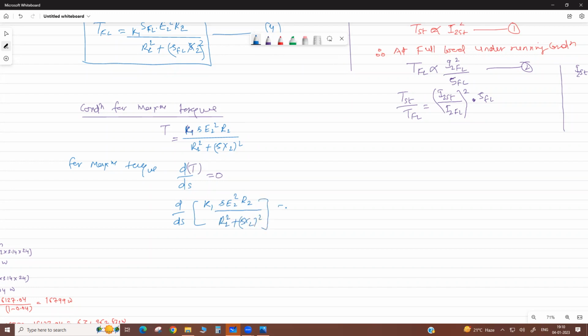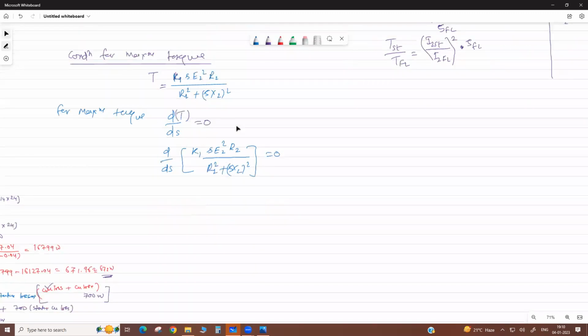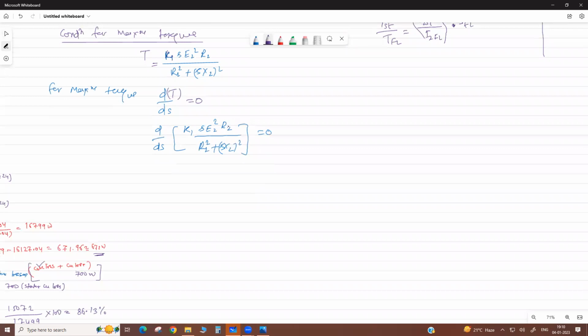If we differentiate and set equal to 0, we use the derivative method of numerator and denominator. No derivation is asked; they just ask for the condition only. Or we can easily differentiate it with respect to slip by the UV by V method, if you are good in mathematics.